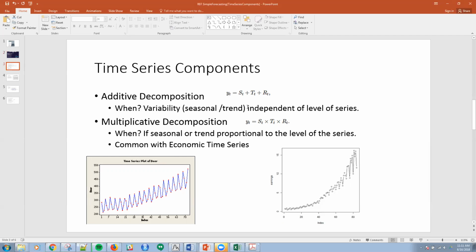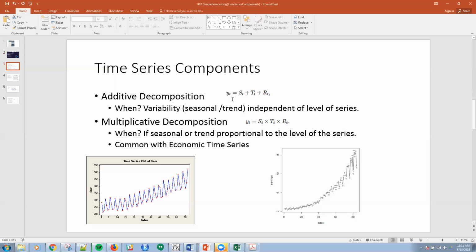Essentially, we have 2 flavors of this. We can decompose a time series into 3 elements: seasonal, trend, and residual. We talked about this before in one of the earlier series, and you can look back at that. But I want to rehash and talk about the additive versus multiplicative decomposition.